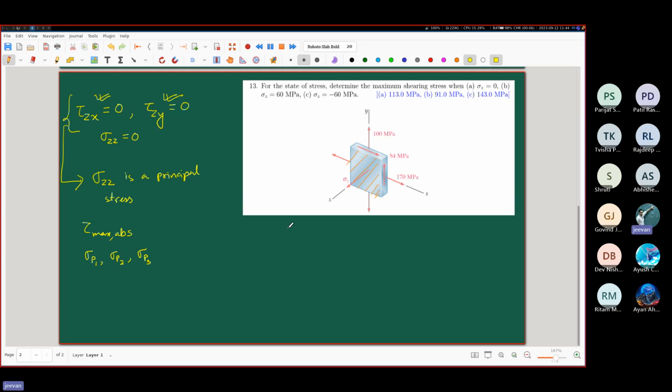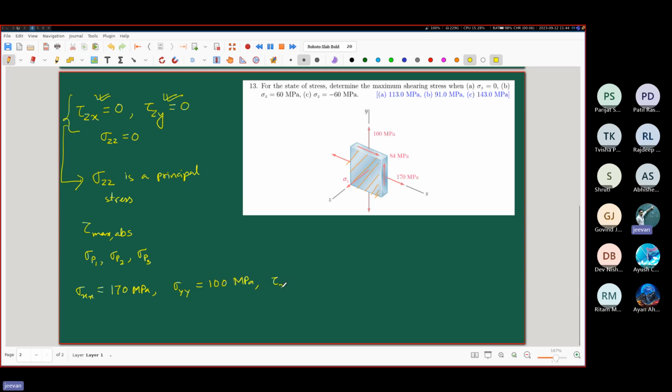So tell me, from the other components of stresses which are given, this 170 MPa is the sigma xx. So sigma xx is equal to 170 MPa, sigma yy is equal to 100 megapascals.